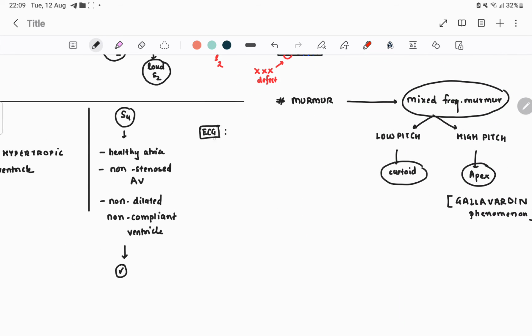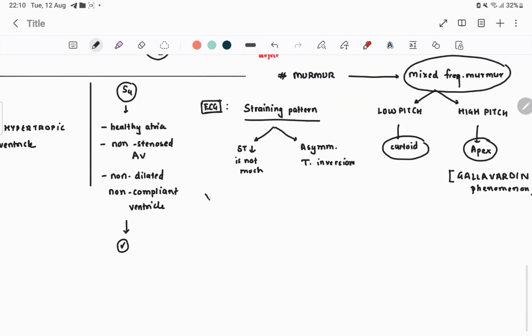We can discuss ECG in any other class, but just know that there is a strain pattern: ST depression is not much, but there is asymmetric T inversion.